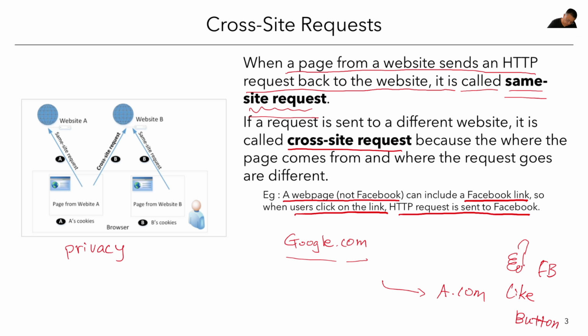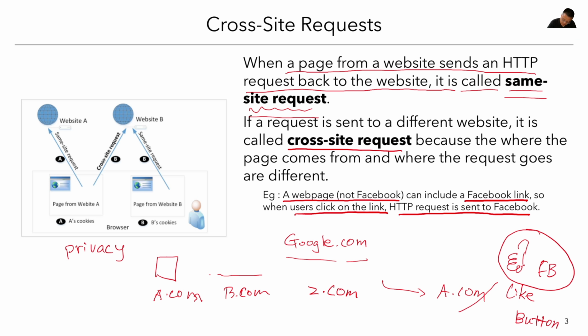Think about this. You visit a number of websites, say a.com, b.com, then z.com. All those websites have this Facebook like button. So when your web browser loads this like button, it's going to send the cookie. The cookie will be sent to Facebook.